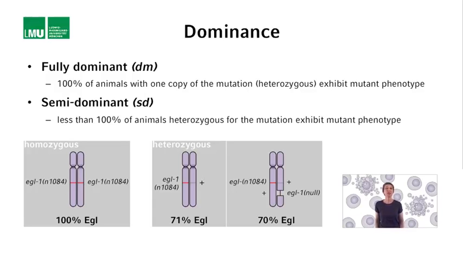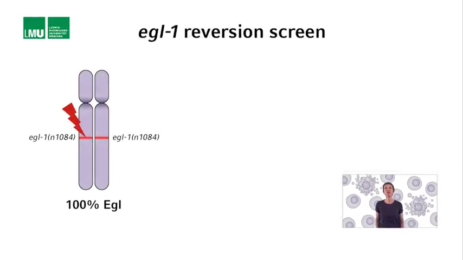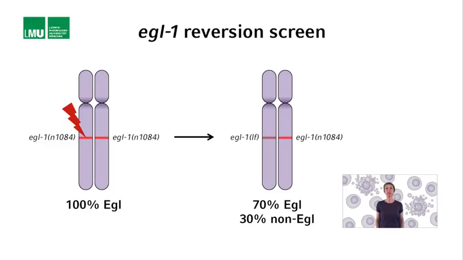What this means is that if one of the n1084 alleles in a homozygous n1084 strain is hit by a second mutation, and if this second mutation converts the allele into a loss of function mutation, the animal should have about a 30% chance of being non-AGO defective.